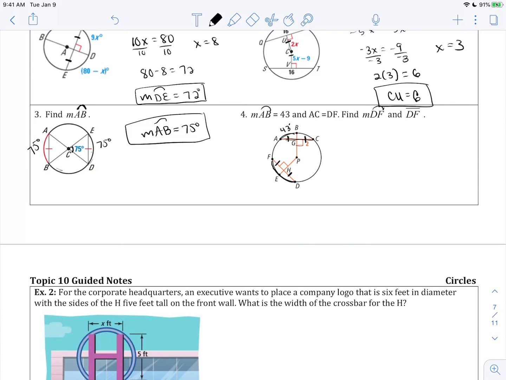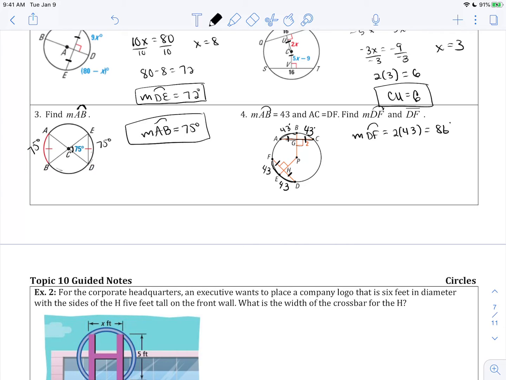So if AB is 43, I know CB is going to be 43. And then these two arcs are equal, so I can fill in 43 and 43 over here. So the measure of arc DF would be 2 times 43, which would be 86, right?